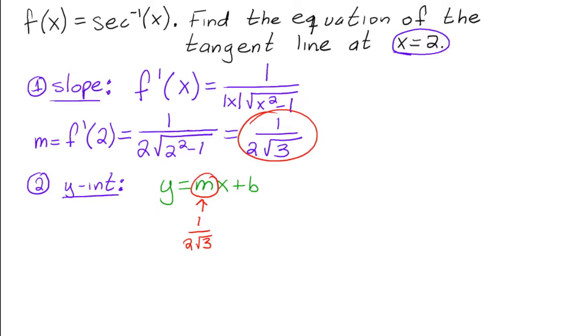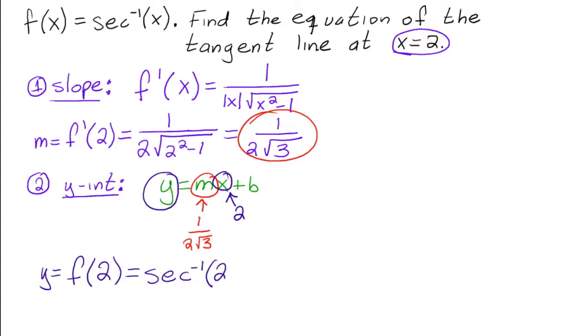We know that x is equal to 2 because it's given. Now y we don't really know, but y is equal to the value of the function at 2. Since it's not given, we have to actually find it. So this is inverse secant at 2.